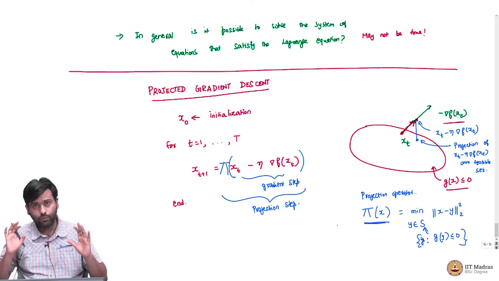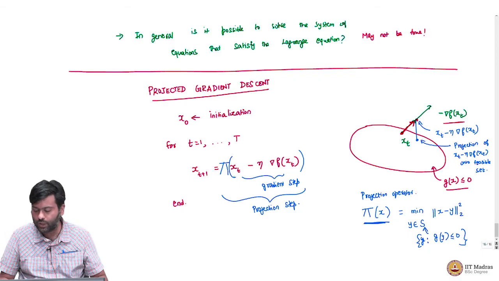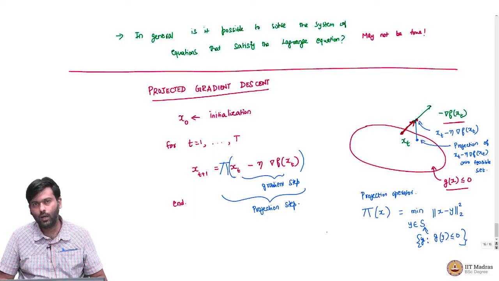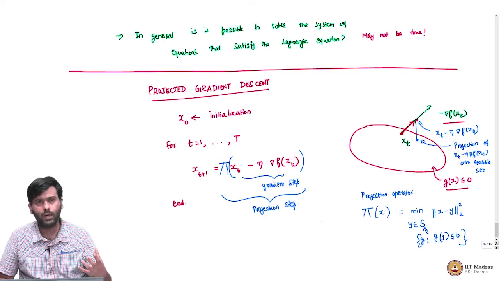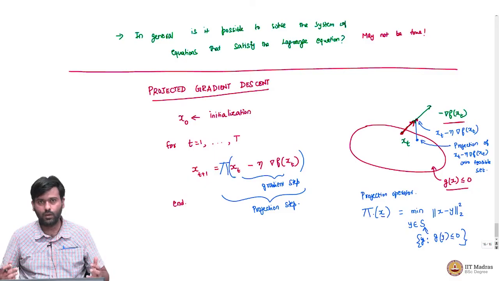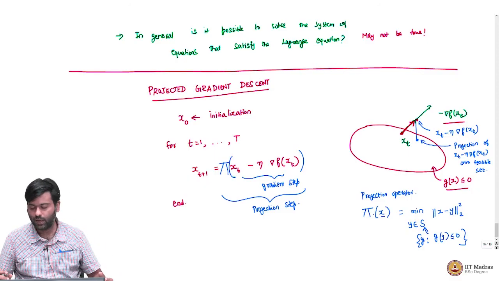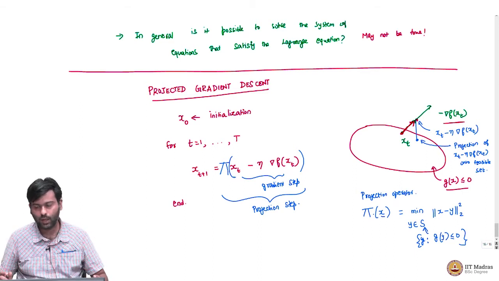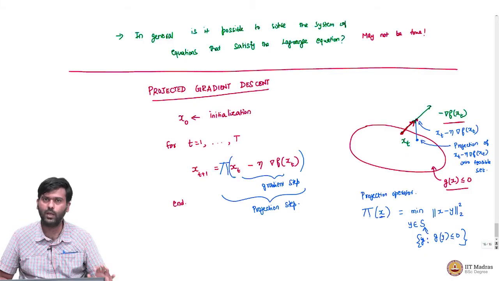But if you do have a constraint set which is nice, where you can efficiently implement this projection operator, and when I say efficiently, it means, let us say, polynomial in the dimension of x. If it is even faster than that, it's even better, but you want at least polynomial time efficiency for implementing this projection operation. If that is possible for your constraint set, then this algorithm can be run.